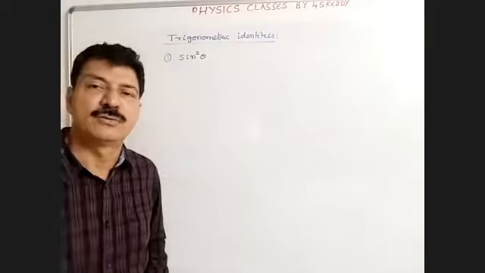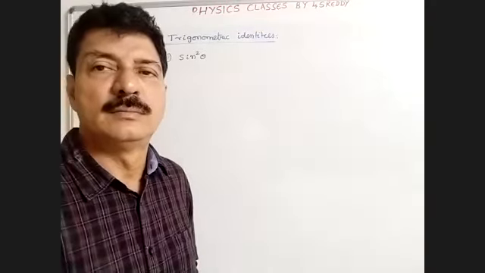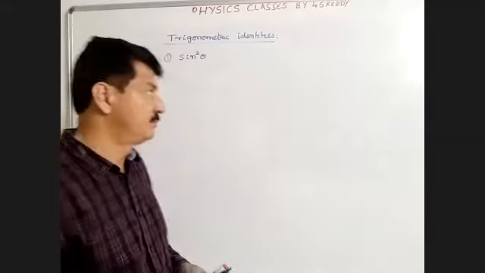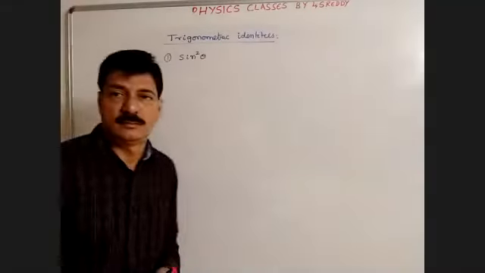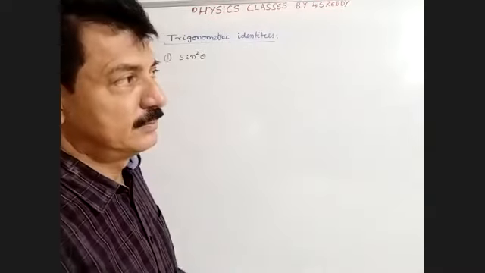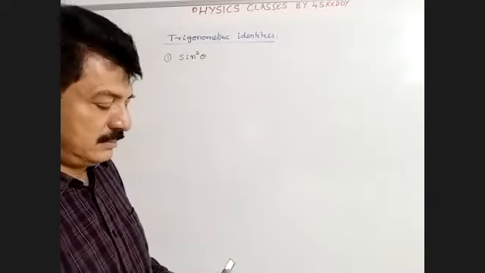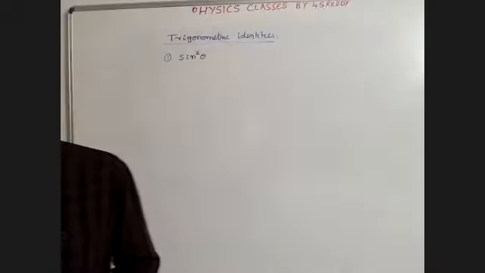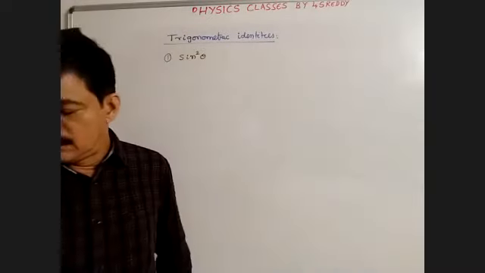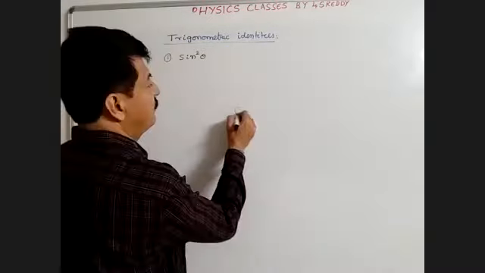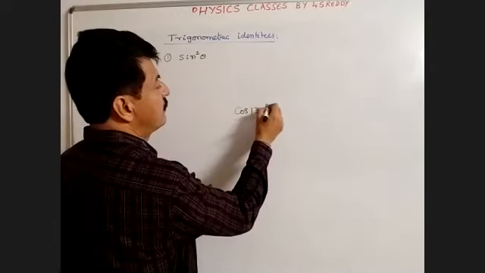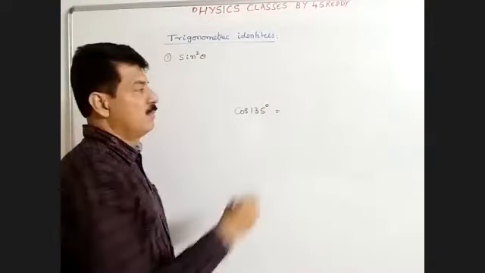Sir, before that I have one doubt, sir. Tell me. Sir, you get cos 135, right? Cos 135 equals cos of 90 plus 45.